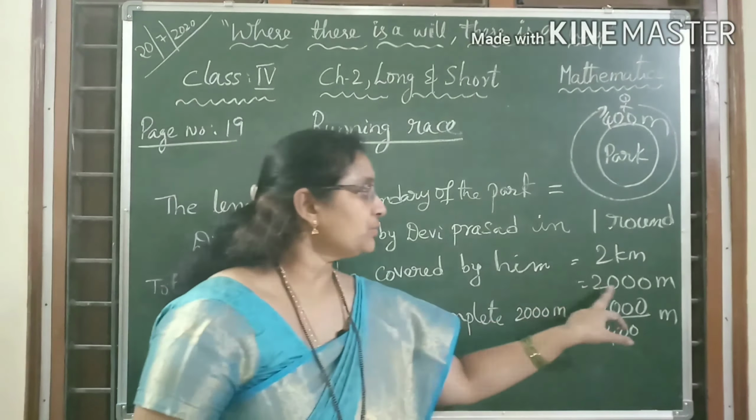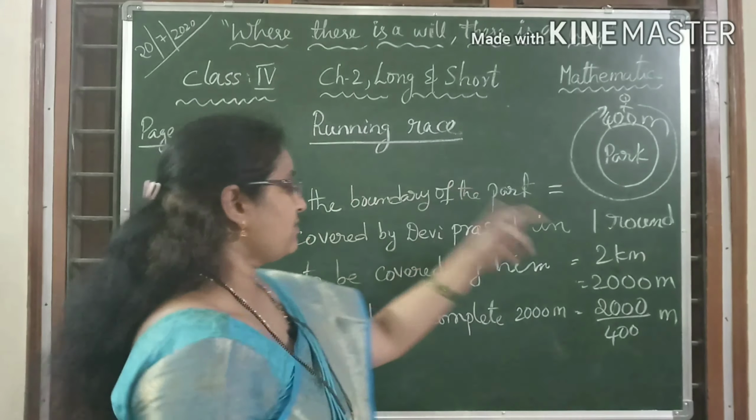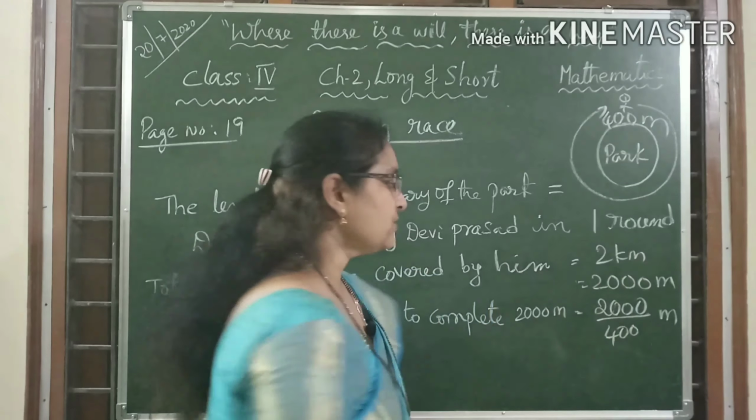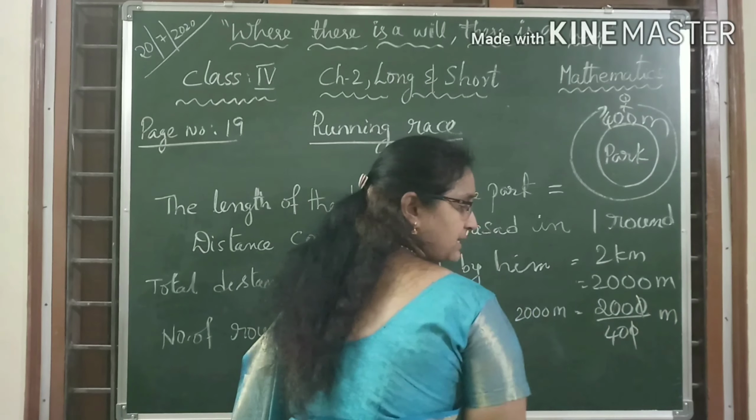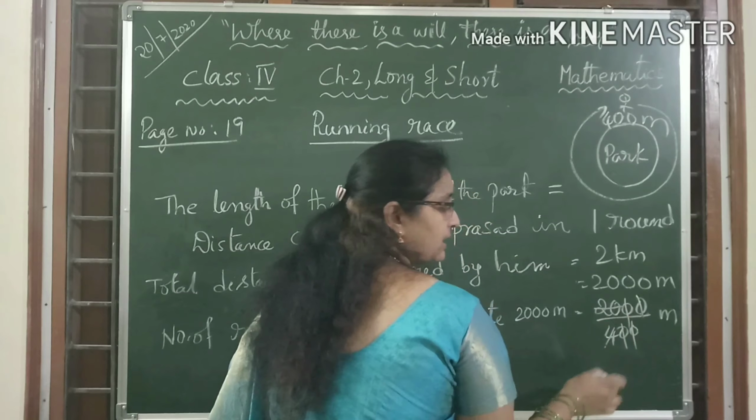So the number of rounds needed to complete 2000 meters equals 2000 meters divided by, in one round how many meters? 400 meters. You need to calculate. The 0s you have to cancel. So 4 in 20, how many times will it go?